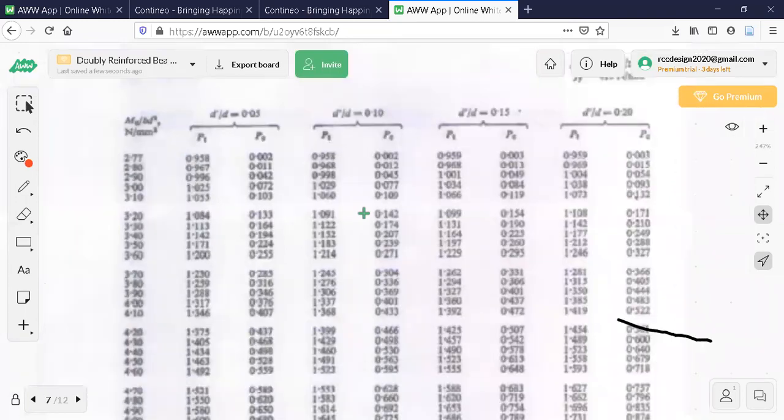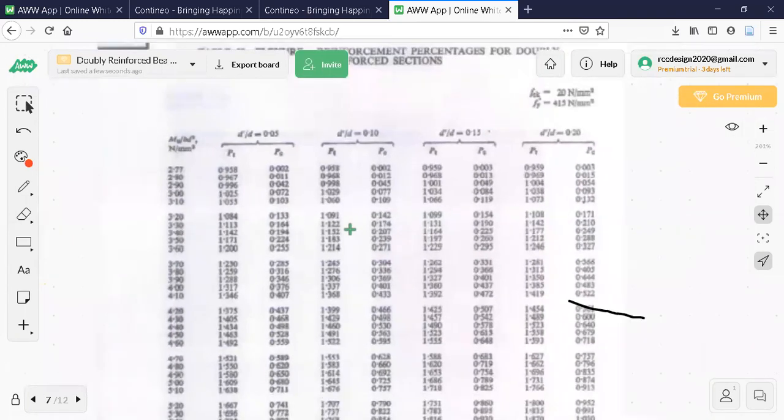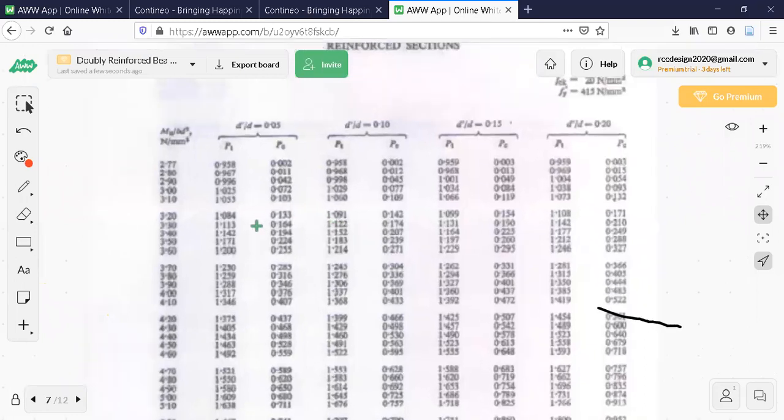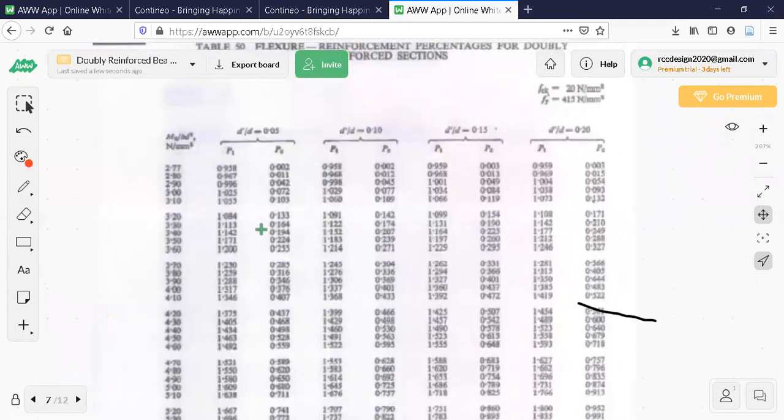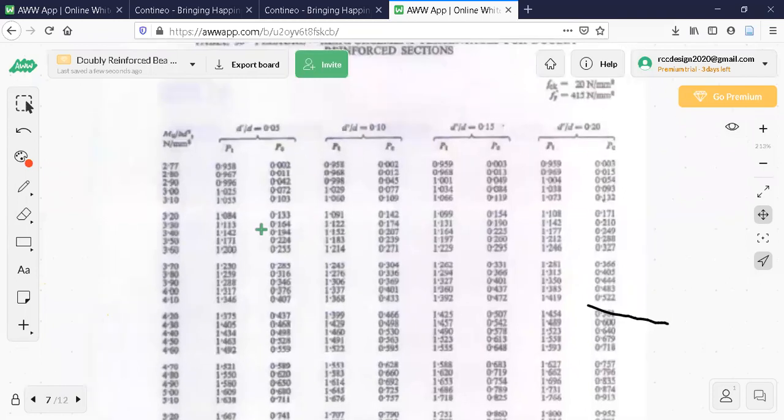Now what I have done here is, I have opened a table with respect to doubly reinforced beams. If it is singly reinforced, the table number will be different. Now observe here how to calculate. What exactly I'm going to do with this table is find the AST and ASC values without wasting time.